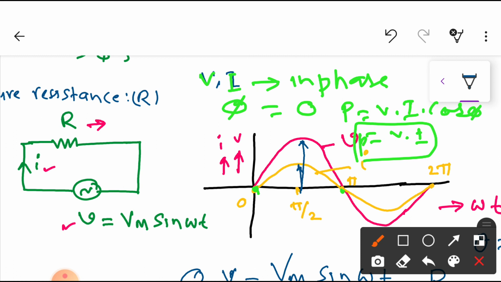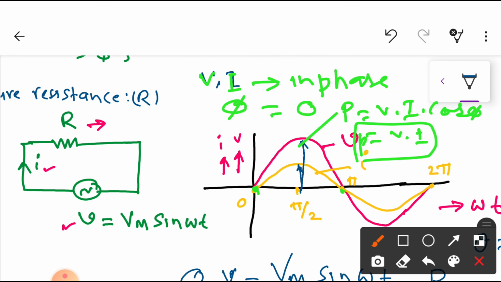The frequency of the fluctuating power is the second term, Vm Im by 2 into cos 2 omega t, which becomes 0 on average at double frequency.